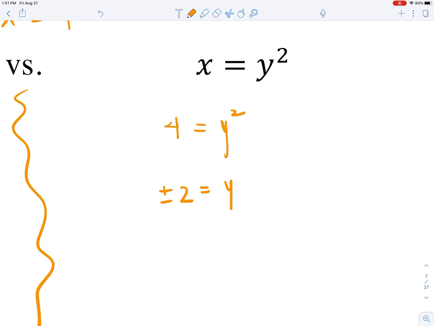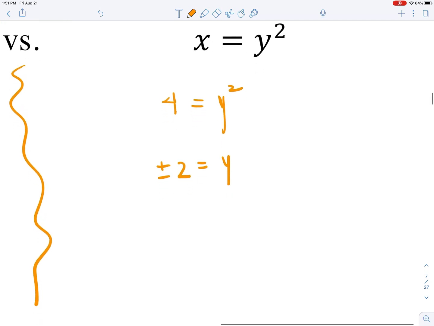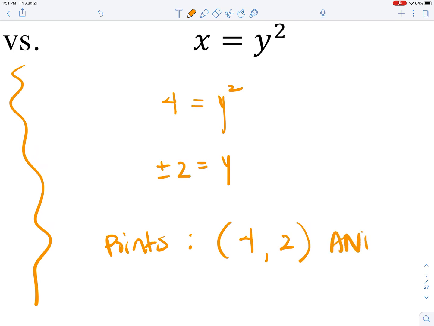So with that input of 4, we end up with 2 different values for y, positive 2 and negative 2. That means there are actually 2 points that lie on the graph of x equals y squared that have an x coordinate equal to 4. So we would have the point (4, 2) and the point (4, -2).